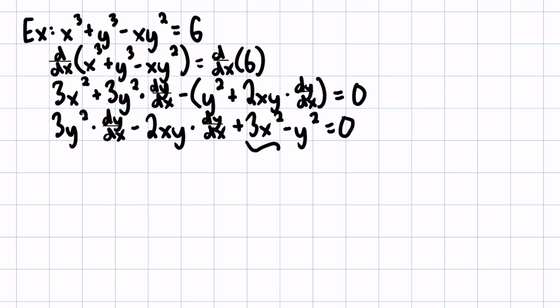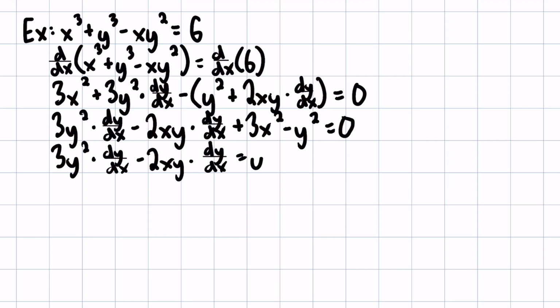Now we move these terms over to the other side. We get 3y squared times dy/dx minus 2xy times dy/dx equals y squared minus 3x squared.